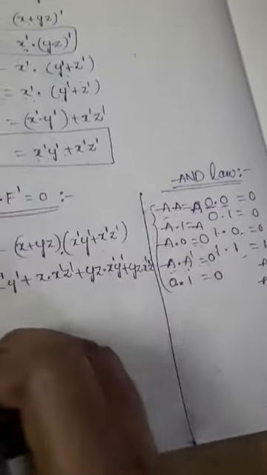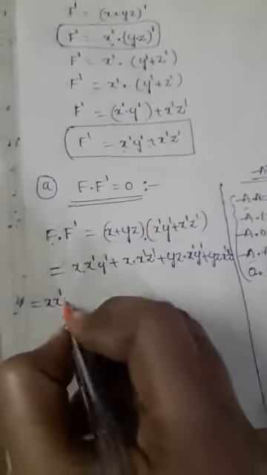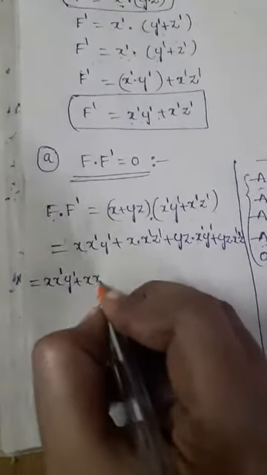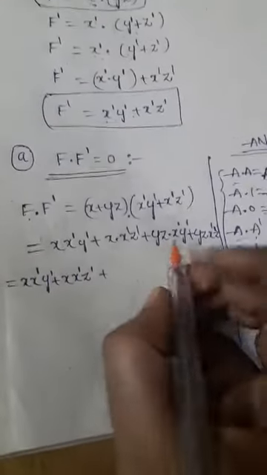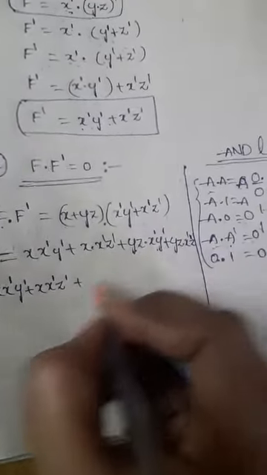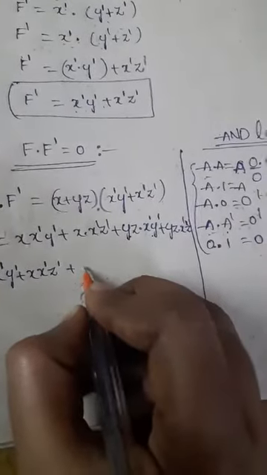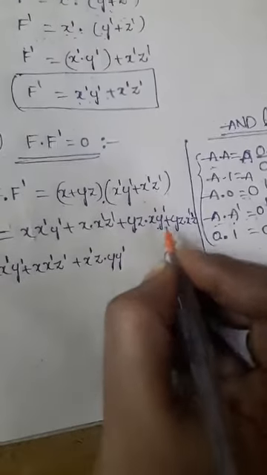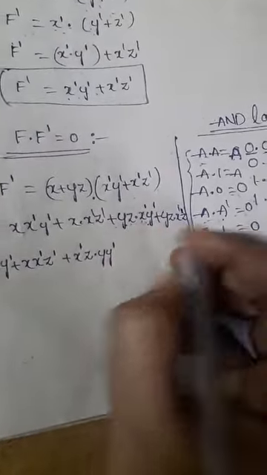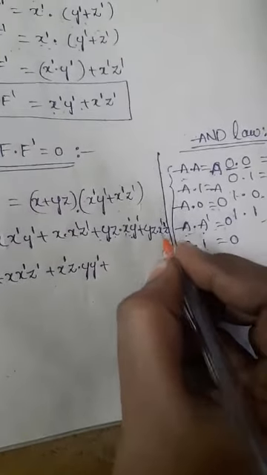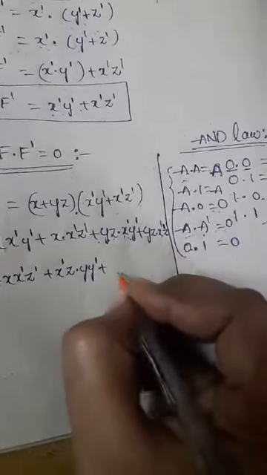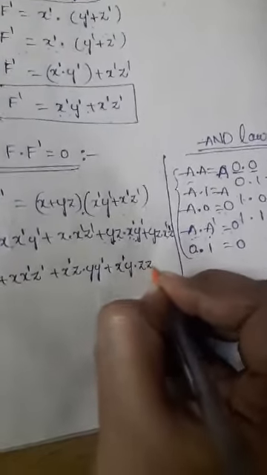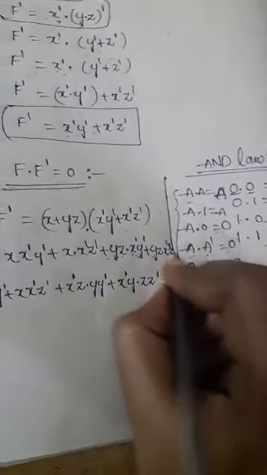Now simplify this: x complement y complement, plus x complement z complement, plus here we have 4 variables, so the same variables I can write as one part, x complement z into y complement, plus x complement y into z complement, so x complement y, z complement z.